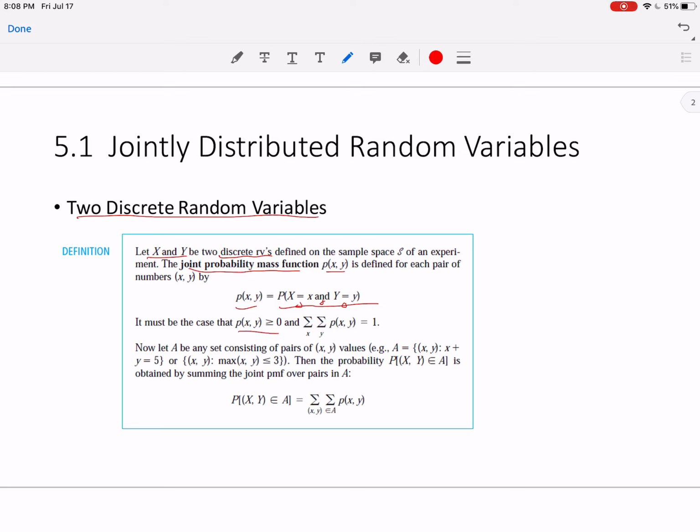So actually, the idea here is very similar to the idea we saw in the previous two chapters, chapter 3 and chapter 4.